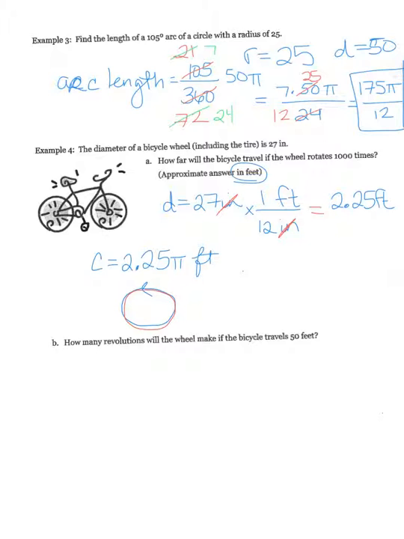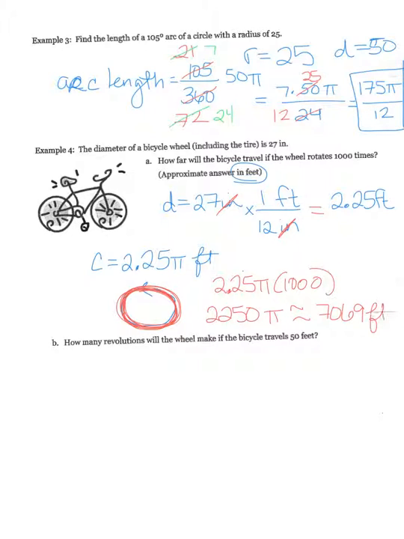I need to know how far it is going to go if it's 1,000 rotations. So I'm not going to draw it 1,000 times, but we're going to take 2 1/4 times pi and multiply that by 1,000. So we get 2,250 pi, which is approximately 7,069 feet.